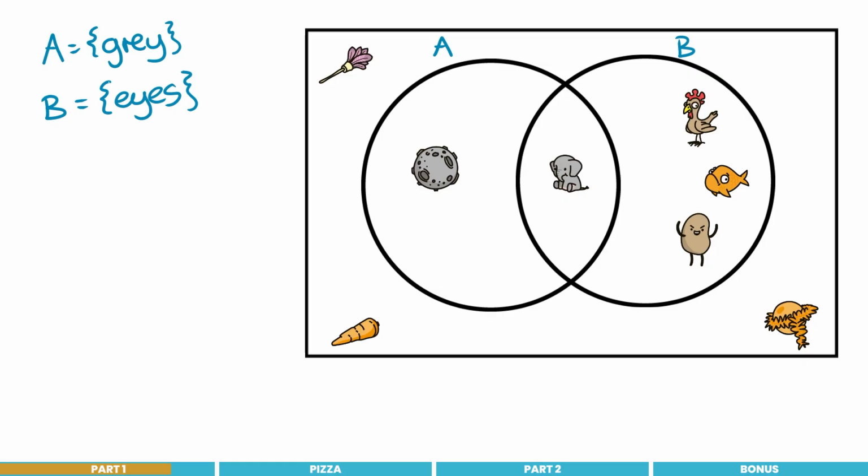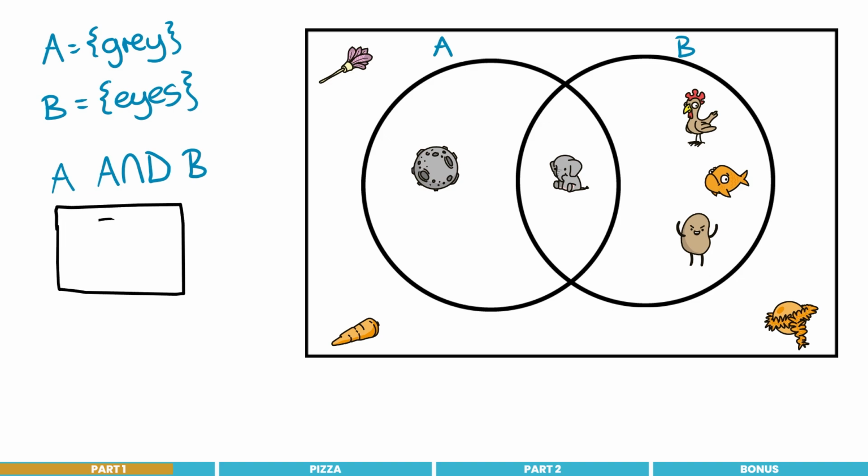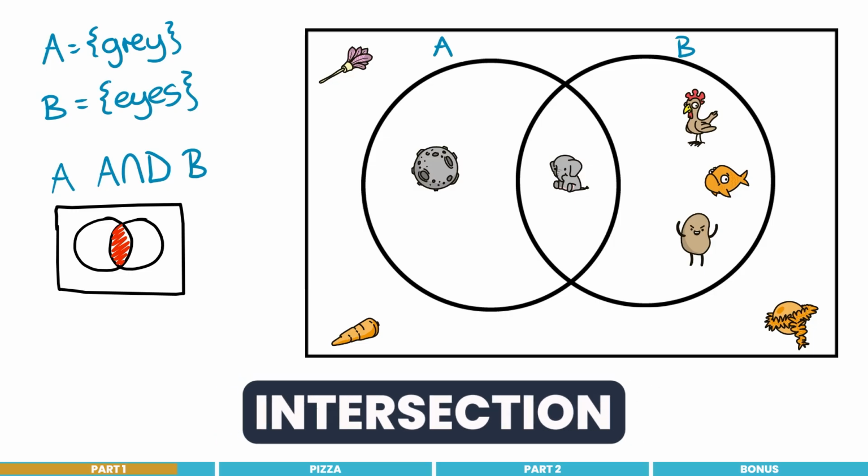The elephant is sitting in set A and set B. If we draw that little area in a diagram, we can see that it's this overlapping or intersecting bit that represents being in set A and set B, or is grey and has eyes. In Fancy Pants Mathemachicken language, this intersecting bit is actually just called the intersection.